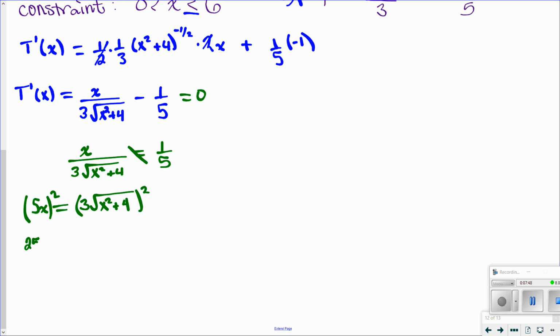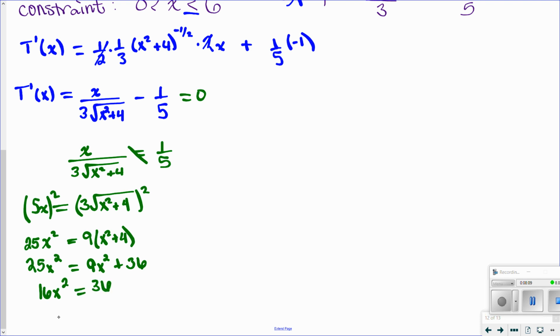I'm going to get 25x squared equals 9 times x squared plus 4, which is 25x squared equals 9x squared plus 36. So subtract 9x squared, we get 16x squared equals 36. Divide by 16, and simplify that, and you'll get 9/4.